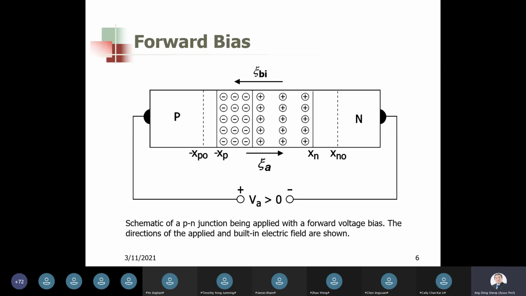As a result of that, majority carriers can now easily cross or diffuse over the junction. As you know, majority carriers have a very high concentration, and therefore the diffusion of majority carriers across the junction can lead to a large current flow under forward bias.